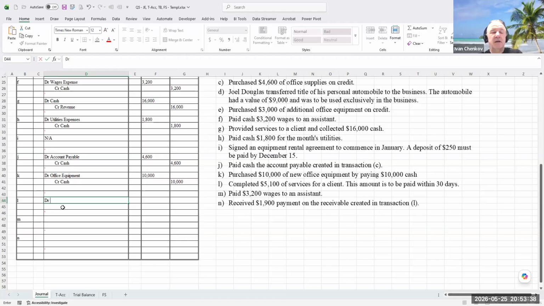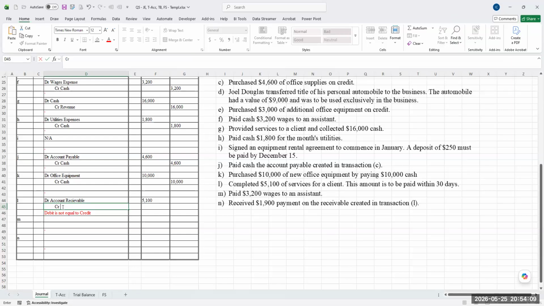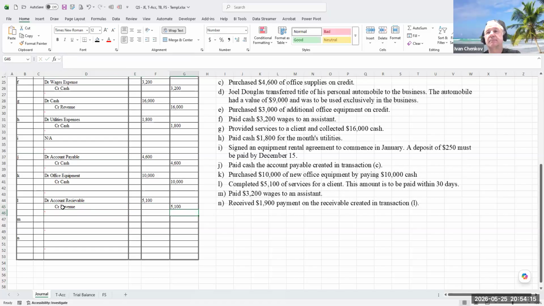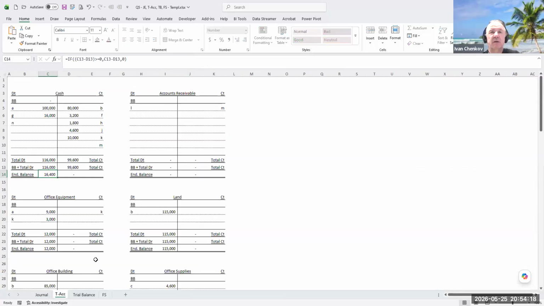So we're going to have accounts receivable with $5,100, and credit. I cannot have two debits. I mean, I can, but not in this case. Credit. Which account are we going to credit? Revenue, with $5,100.